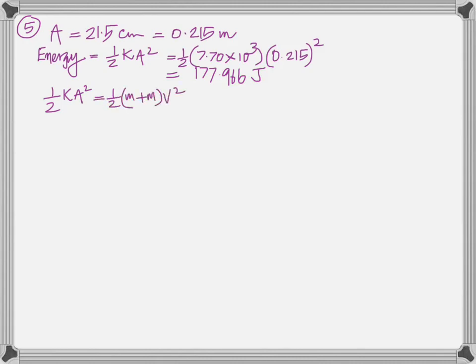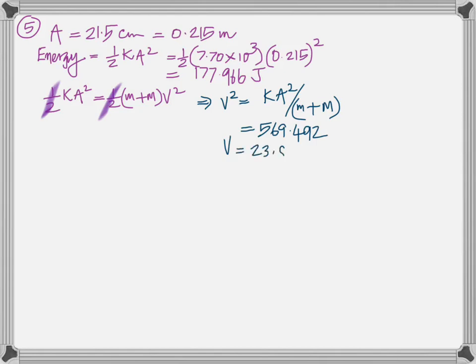And now the most important thing is to know that this total energy is equal to the kinetic energy. So that's why it's 1/2 the sum of the masses times the velocity squared. And rearrange to find the velocity squared as k a squared by the sum of the masses. And you get the velocity as 23.86 meters per second.